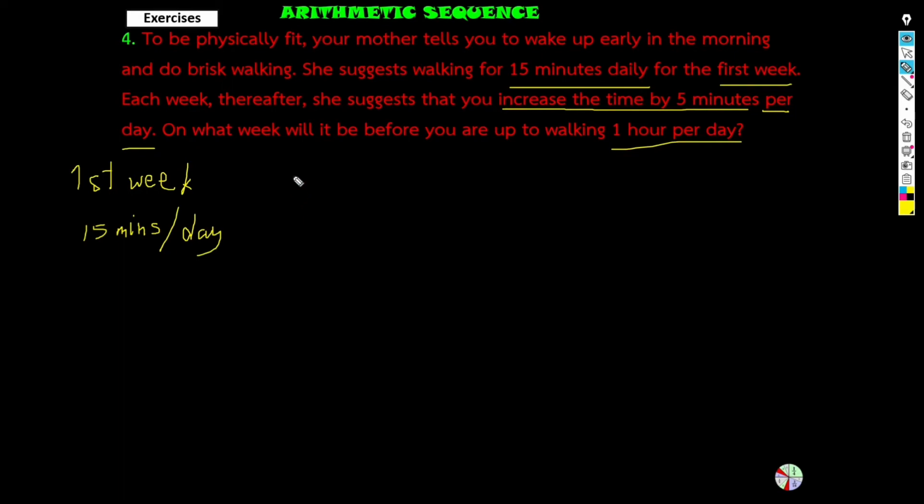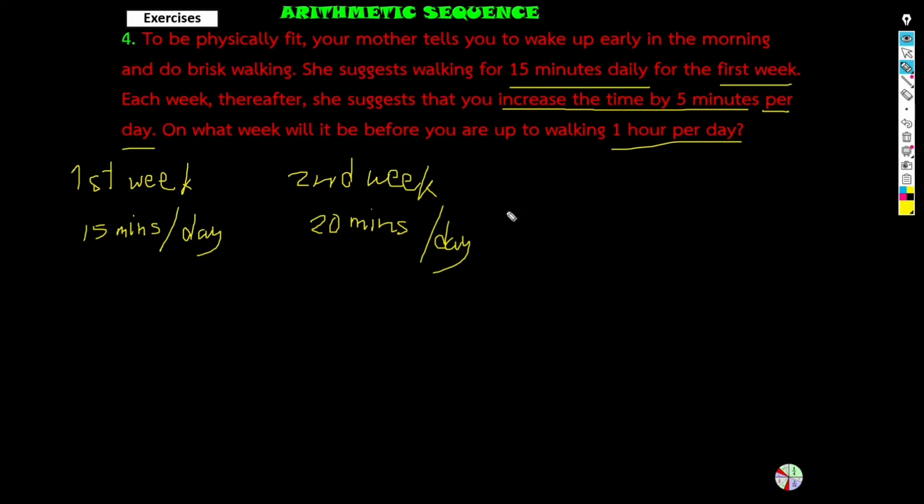On the second week, it will be increased by 5 minutes per day. So in the second week, that will be 15 plus 5, that will be 20 minutes per day. On what week will it be before you're up to walking 1 hour per day?